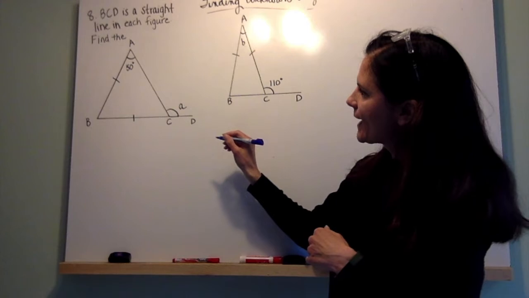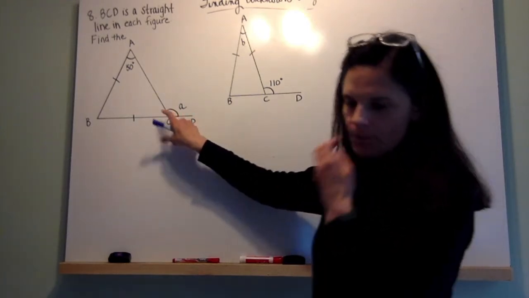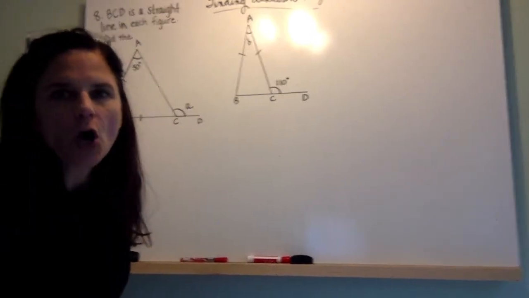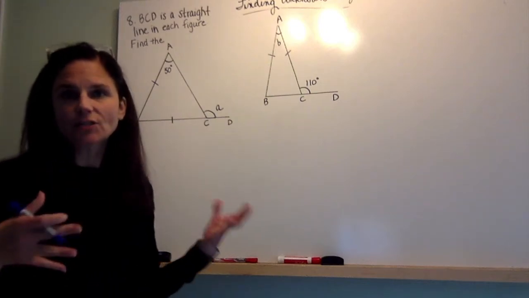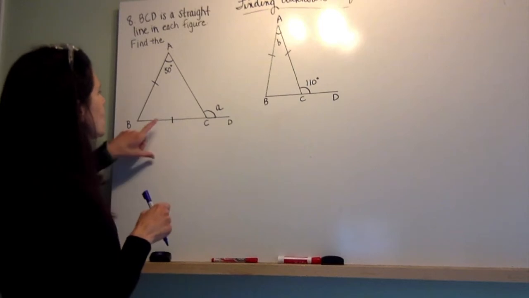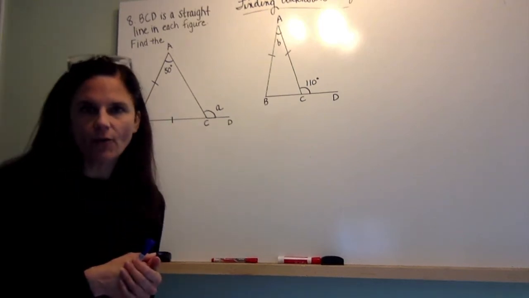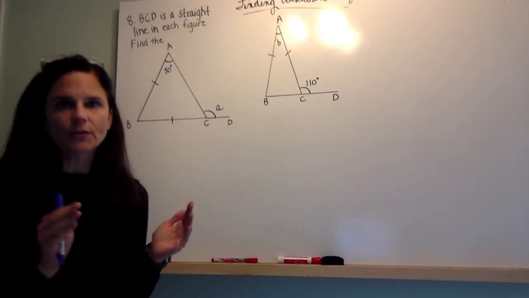So let's take a look at the first problem here. We're given a triangle and we're asked to find this exterior angle. So again, let's take a look at what we know and what we're given and see how we can use that to find what we don't know. Okay, so we know by the little cross lines that this is an isosceles triangle. And we know that the angles between the two equal sides are equal.